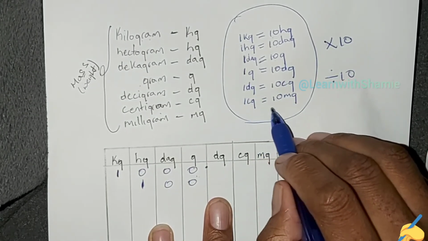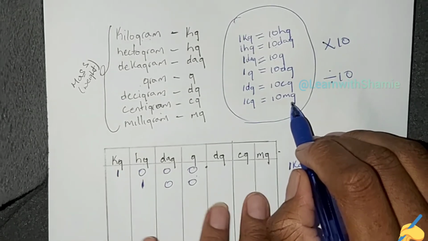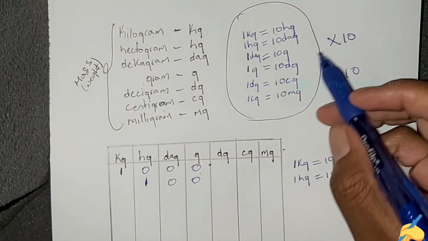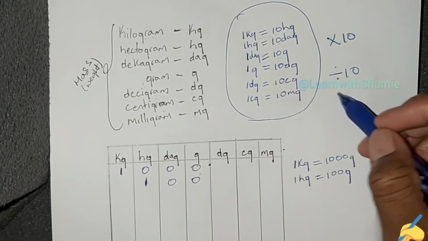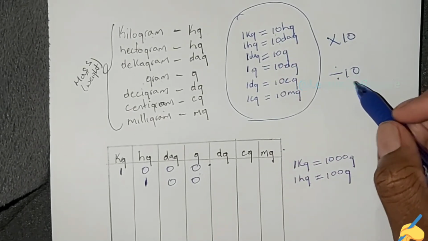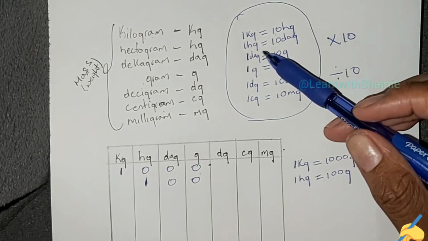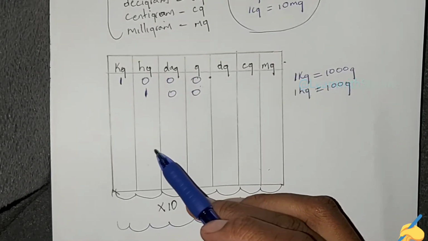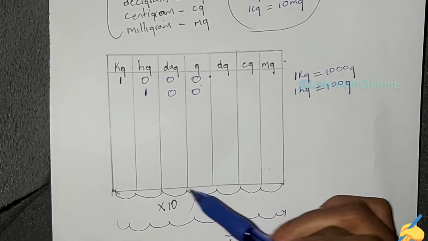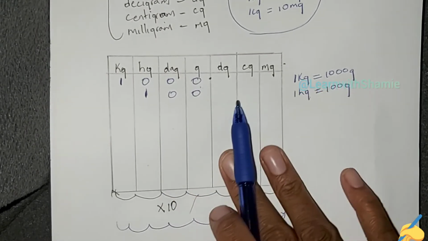And 1 centigram would be equal to 10 milligrams. So you'd multiply by powers of 10 from the larger unit to the smaller unit. And you divide by powers of 10 from the smaller unit up to the larger unit. If you use a chart like this, it would be much easier.